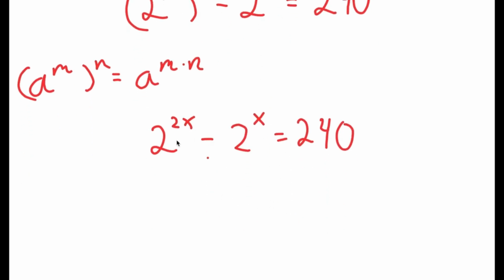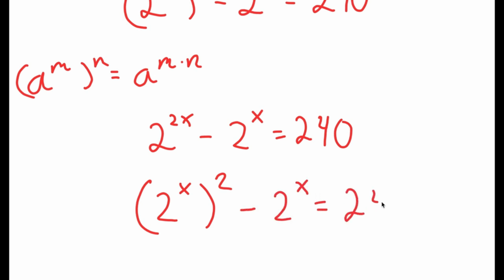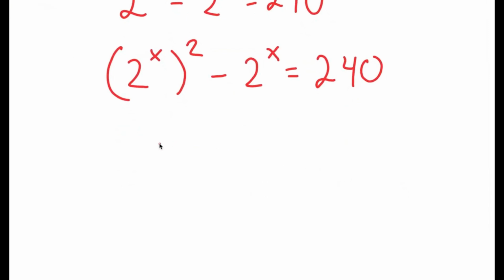And now I can rewrite 2 to the power of 2x as (2 to the power of x) to the power of 2. So I get (2 to the power of x) to the power of 2 minus 2 to the power of x is equal to 240. Now from here, I'm going to let 2 to the power of x equal to the variable y.